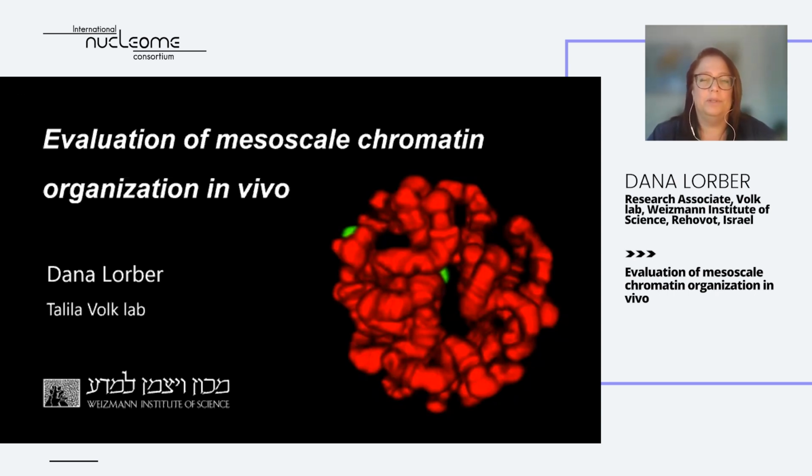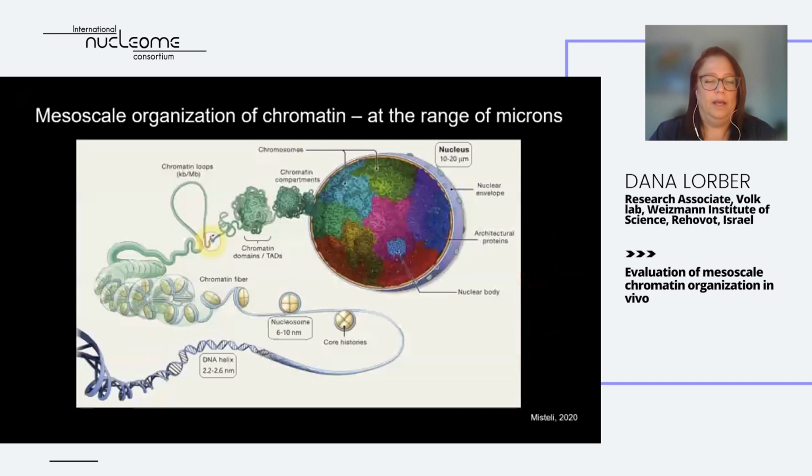And I would like to share with you today our findings regarding chromatin organization in vivo. As you probably know, the DNA fiber with a diameter of 2.4 nanometers is wrapped around nucleosomes to create disks with a diameter of 8 nanometers, together defined as chromatin.